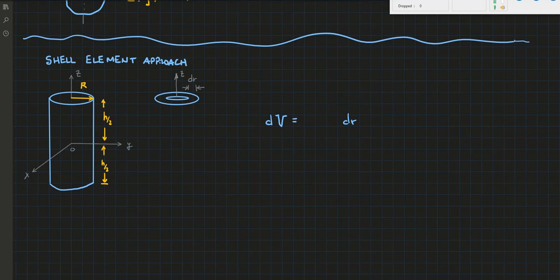Now we can get a surface area there by multiplying by the circumference, 2 pi r, times dr, and then this element has a height h. So that's our differential volume, and we can easily come up with a differential mass by multiplying that by rho.